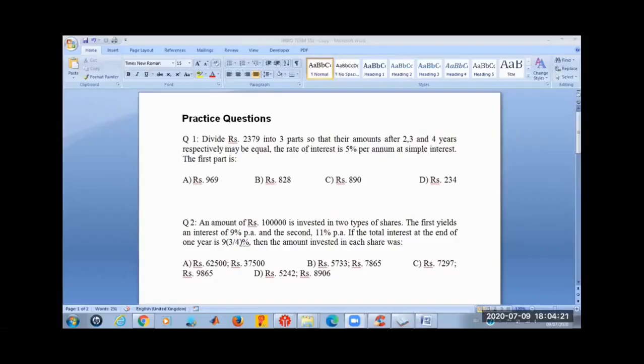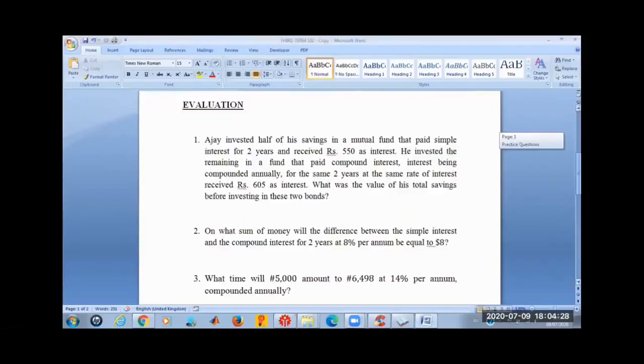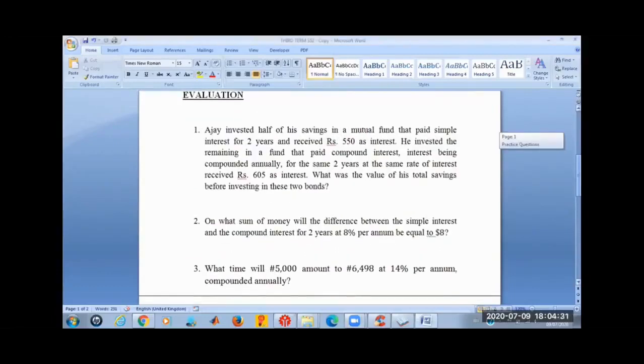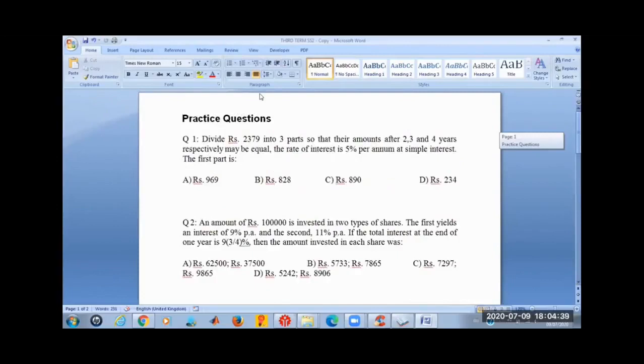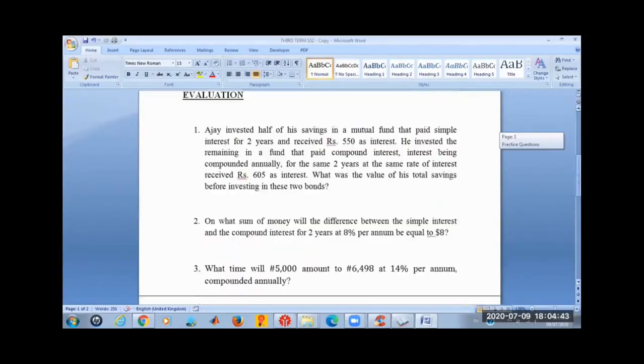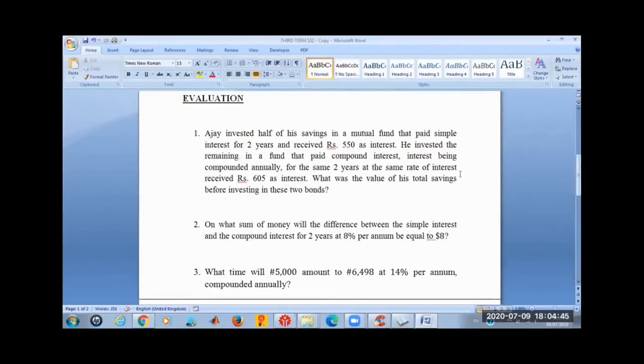Of course, which one is your answer? These are essay questions. You can as well pause the video to look at this question. Of course, the ROS here is the unit of the money, just as we have naira, we have dollars.